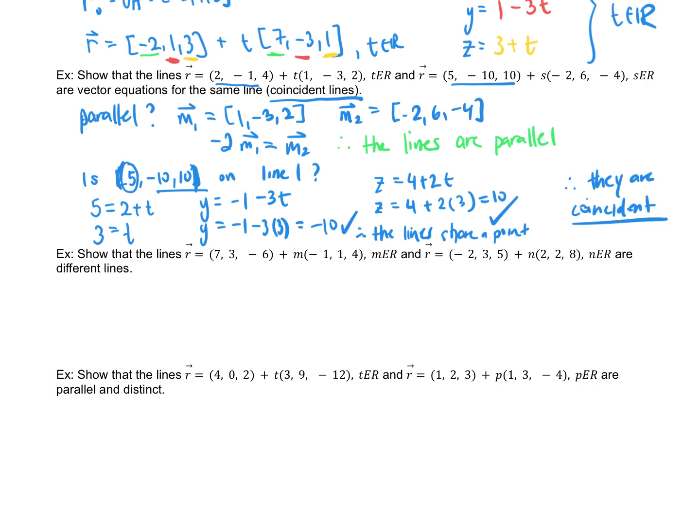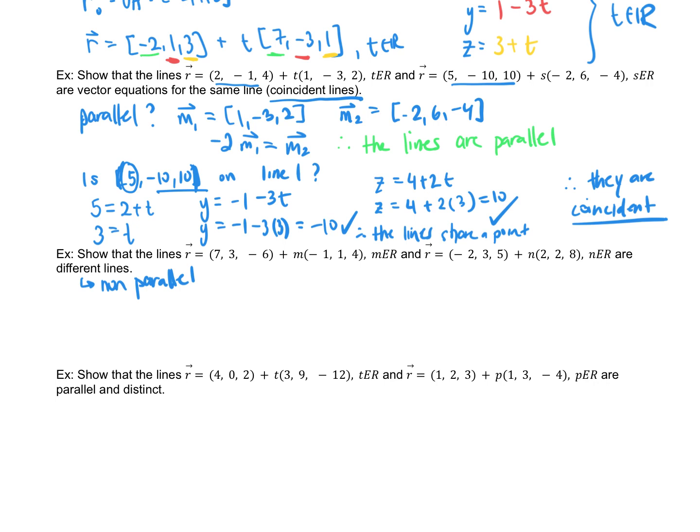For the next example, we're again given two lines, but this time we want to prove that they're different lines, and I'm going to expand on that, different and non-parallel, because you can have different lines that are parallel. So just to clarify here, we mean non-parallel and different lines.